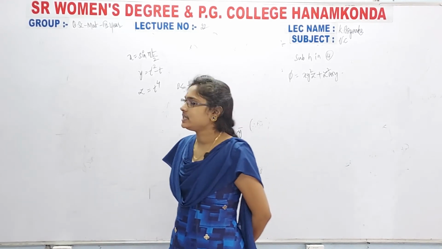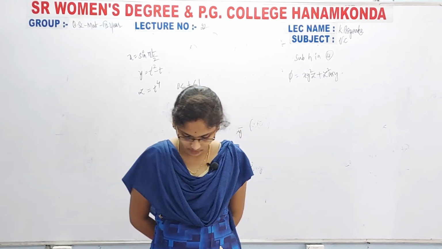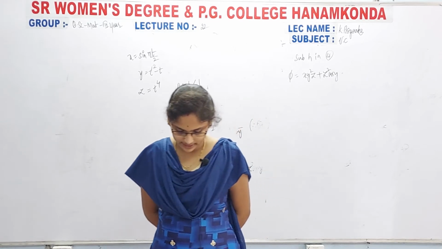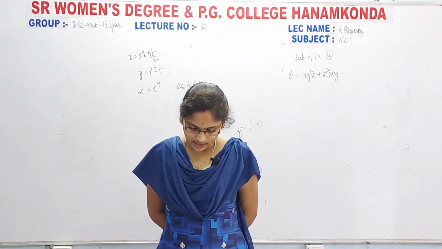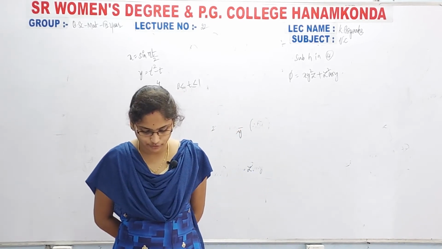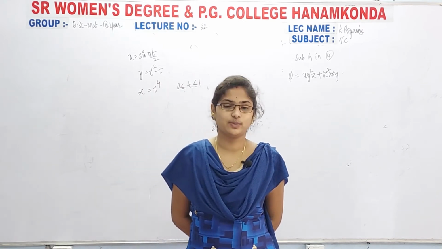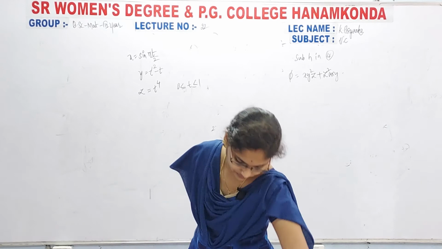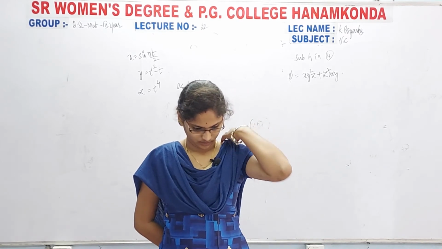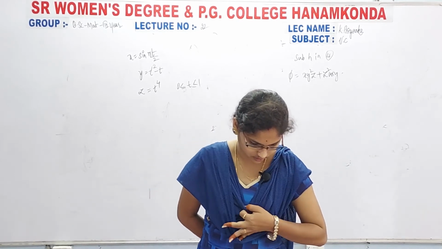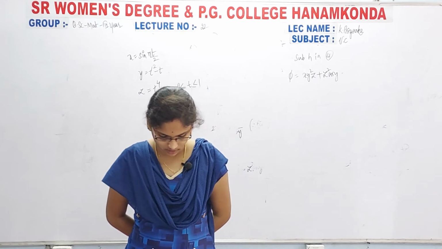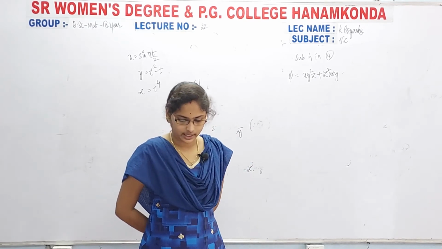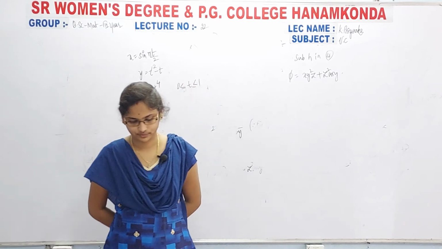The line integral of u along the curve is the difference between the values of pi at the end points.